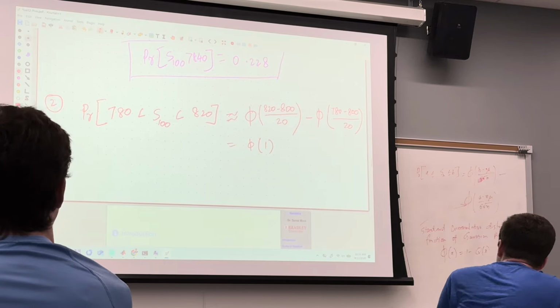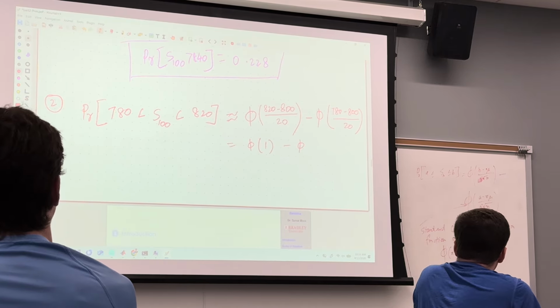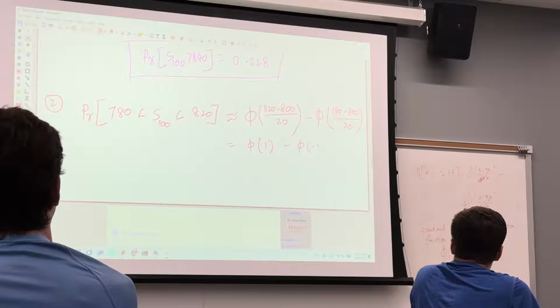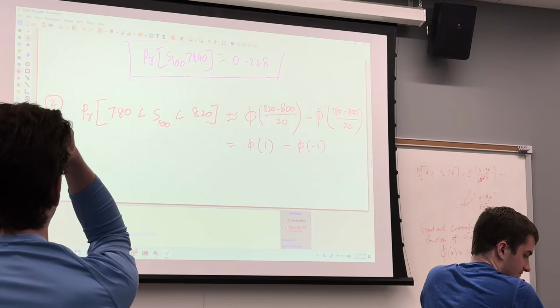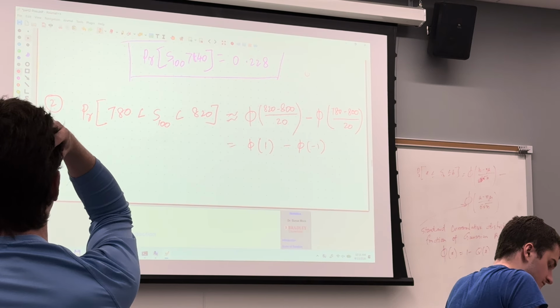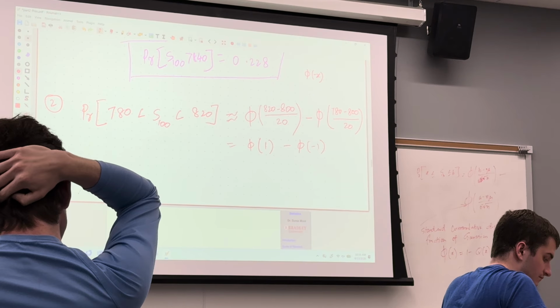And 1 minus, how much is it? Negative 1. Okay. Do you recall what phi of negative x is?